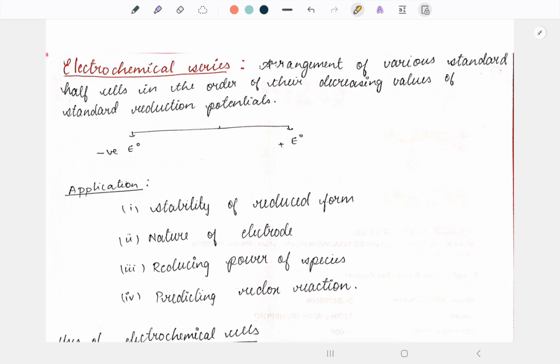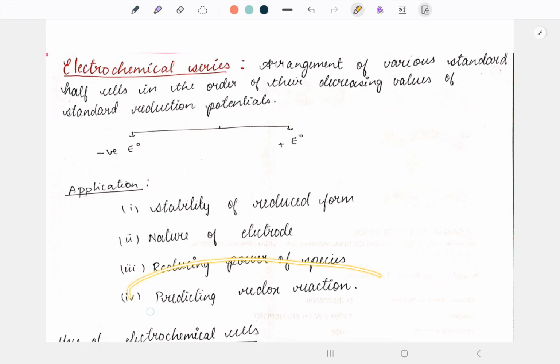So the more negative the EMF value, the stronger is the reducing agent. The more positive the EMF value, the weaker is the reducing agent in comparison to hydrogen gas. So in our electrochemical series, Fe will be at the top and lithium plus will be at the bottom.